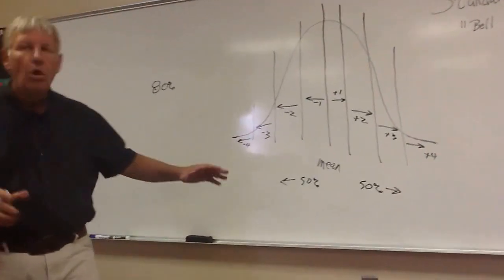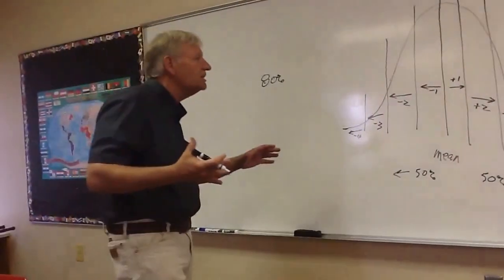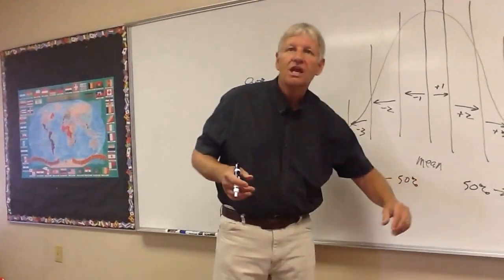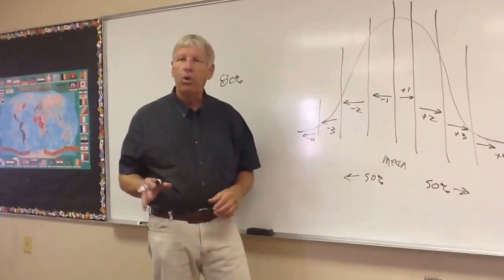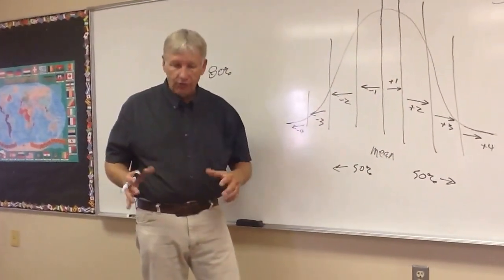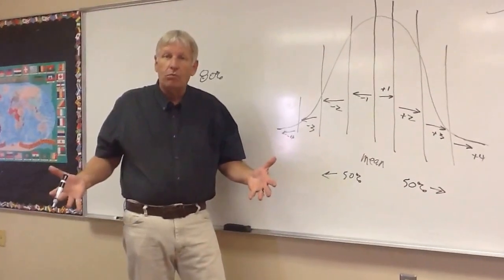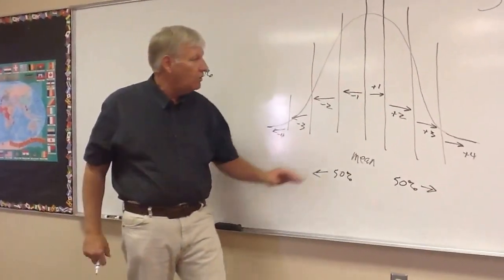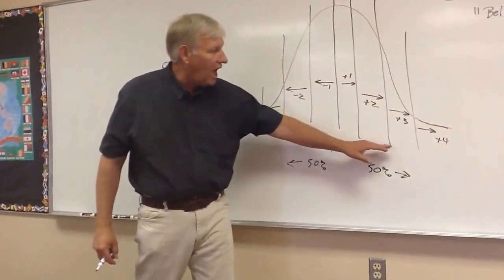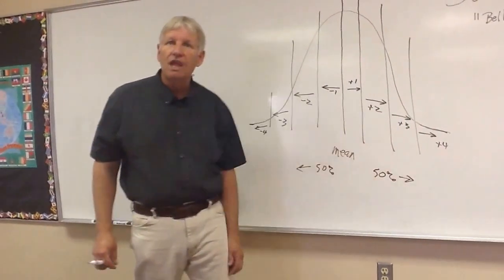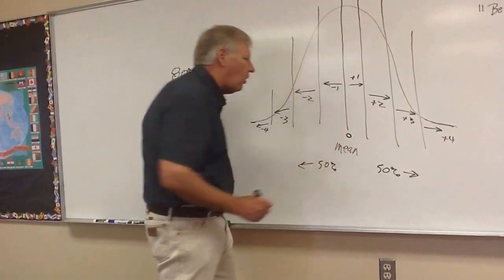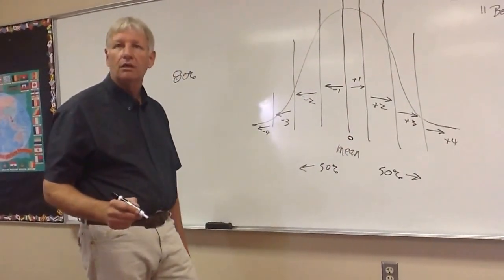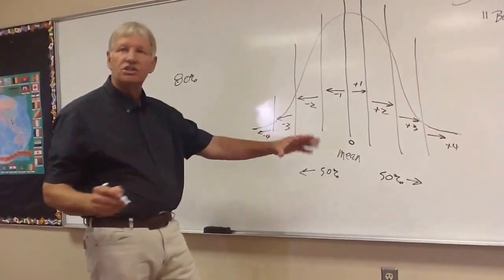We used to get these test scores back, and we would say this student has a standard deviation score of a plus 3. The student goes, oh, 3 doesn't sound very high. No, that's pretty good. That means we're 3 lines beyond the mean. A standard deviation score of 0, you're like, I didn't do very good at all. Well, that's the mean. So standard deviation is different from the mean.